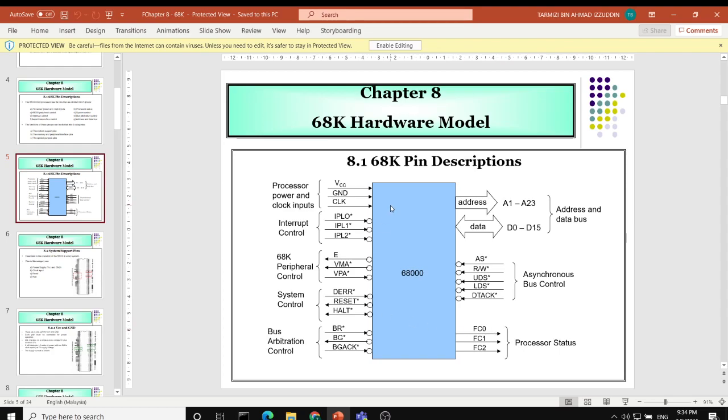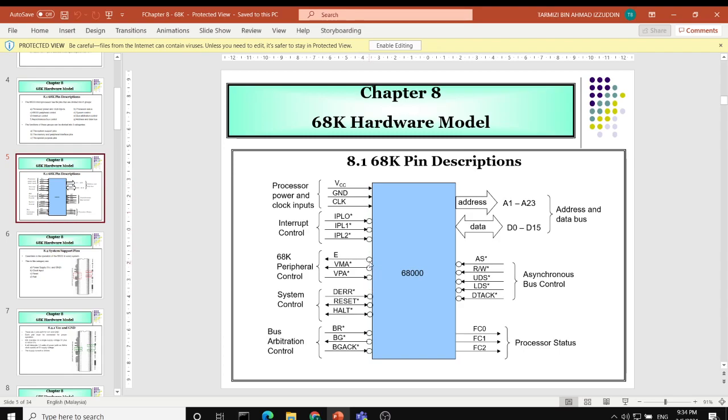Okay, before I go on with the next slide, again I forgot to highlight that if you can see the arrow over here, you can identify which kind of pin the 68K pin is connected to. So for example, if the arrow shows only one direction going in, it means the pin is a unidirectional pin and acts as an input.